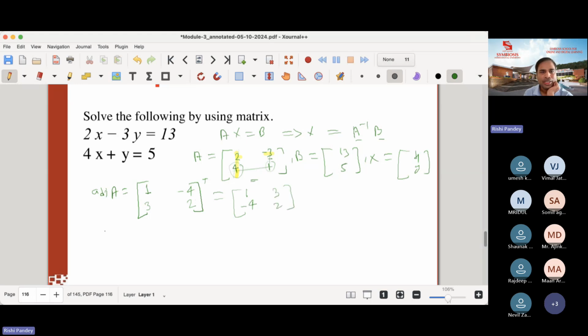Inversion. What is inversion? So inversion requires the determinant of this matrix. So what is the determinant? 2, 4, 3, 1. Neat and clean is very important. That's why I told you to use your hand gesture. Okay. So cross multiply these two.